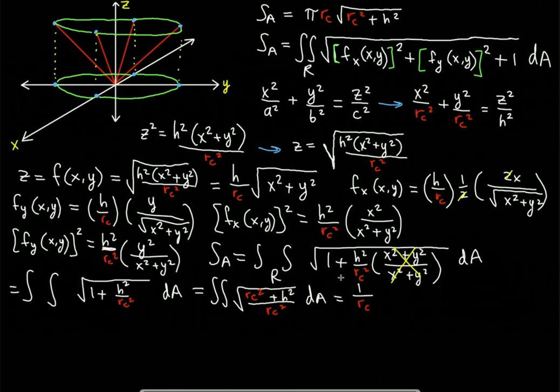And then we can write the square root, and this is going to be rc squared, which I'm going to write in red. Rc squared plus h squared. Right? So this is what we're going to have. So now let's talk about the limits of integration here.